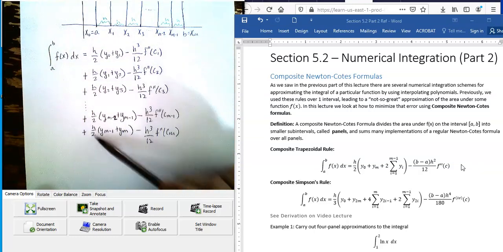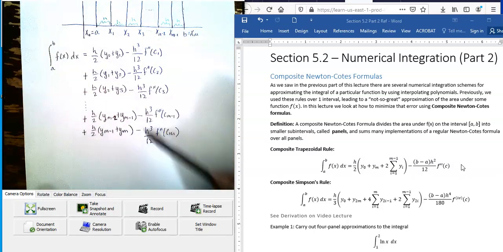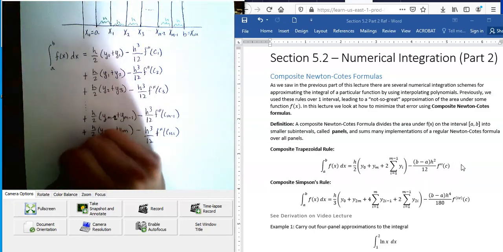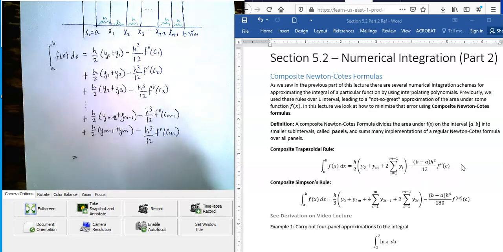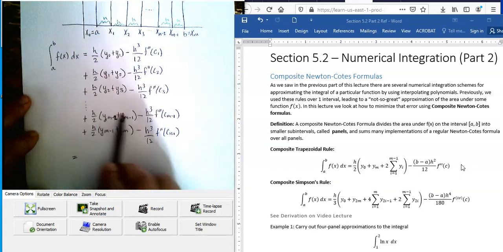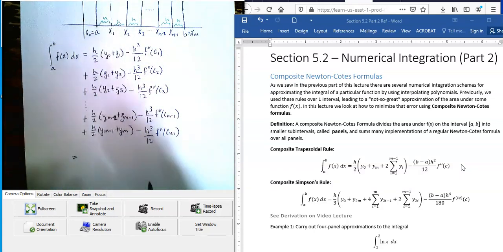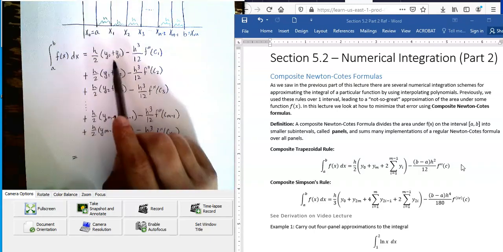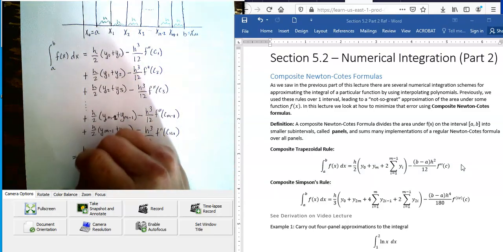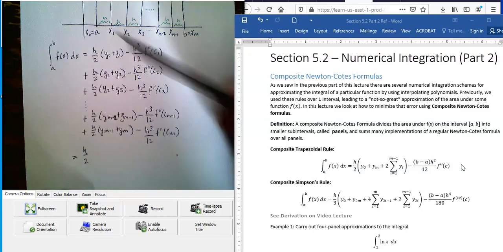So what we can do is re-represent both of these as summations, right? So let's look at this here. Note we have some patterns evolving here. For the first one, everybody has h over 2, so we can say h over 2.